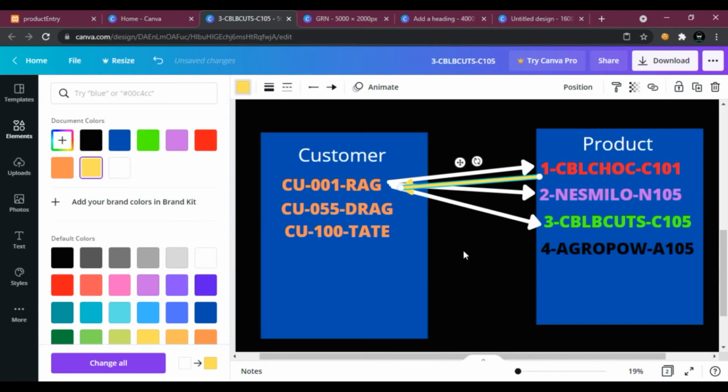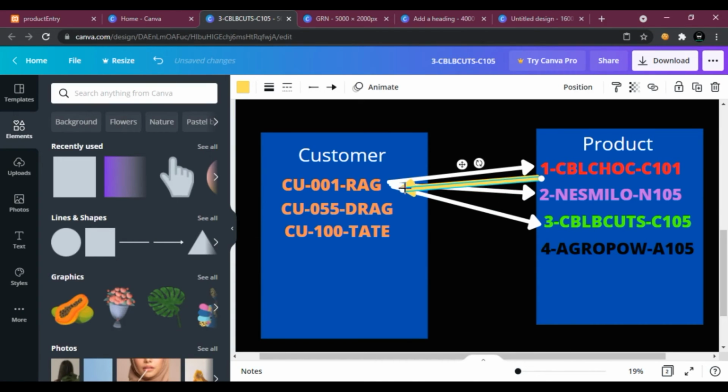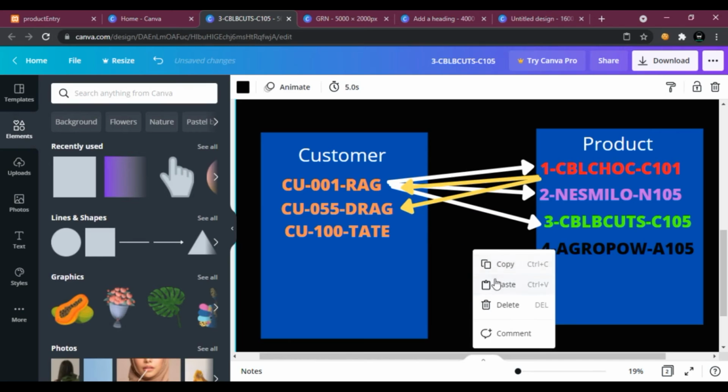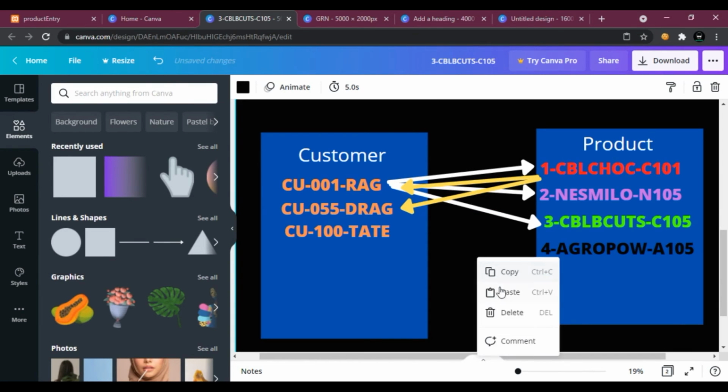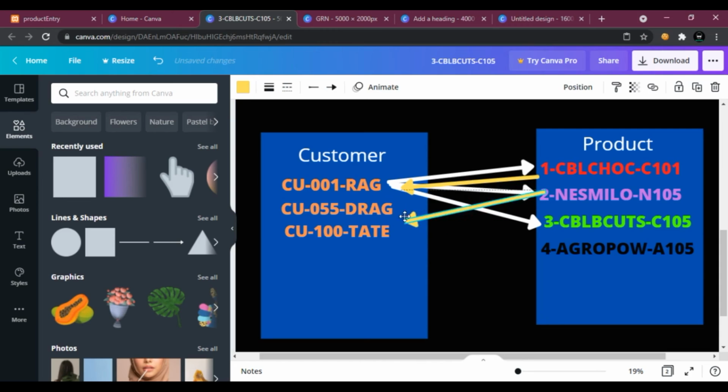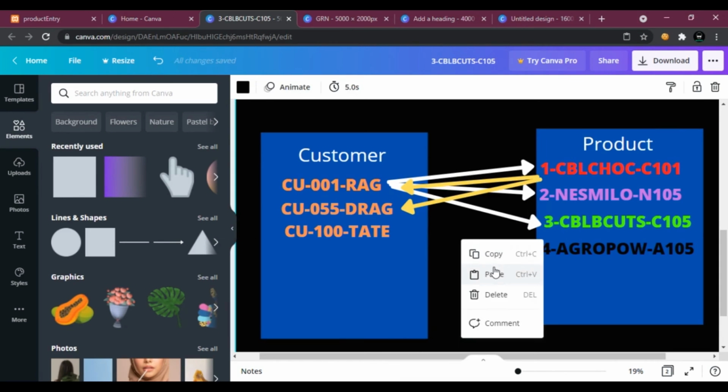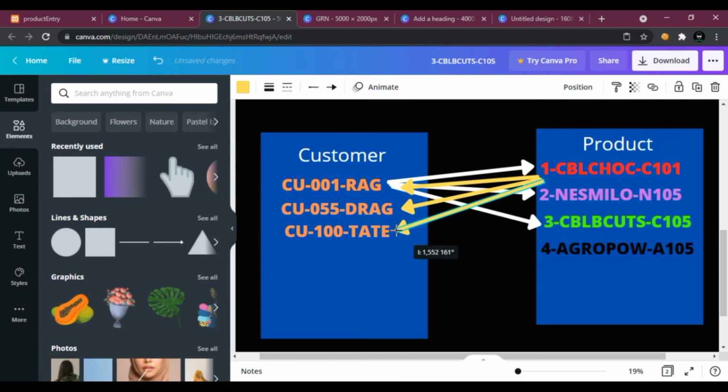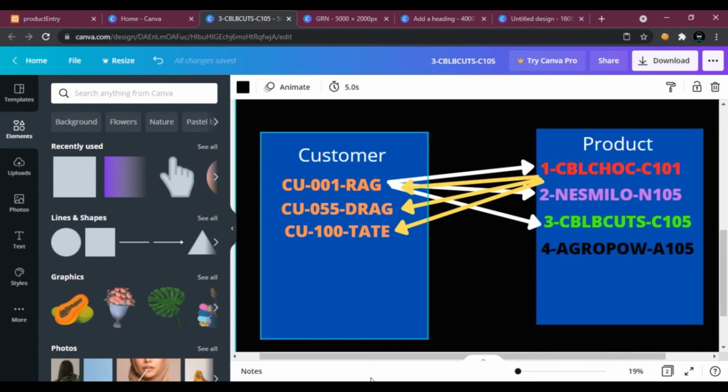A CBL chocolate can be bought by Rag. Another CBL chocolate can be bought by Drag. Another CBL can be bought by Tate. So here it's a many-to-many relationship.